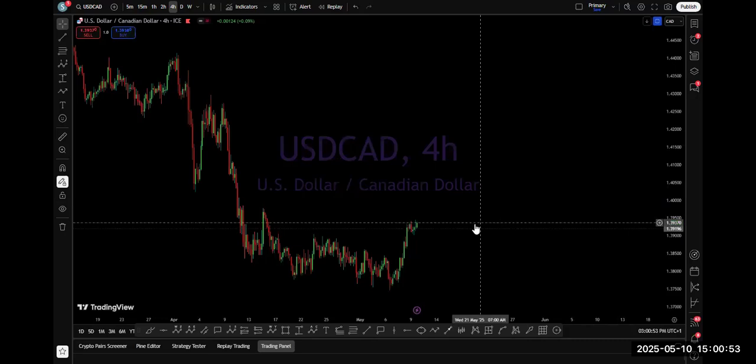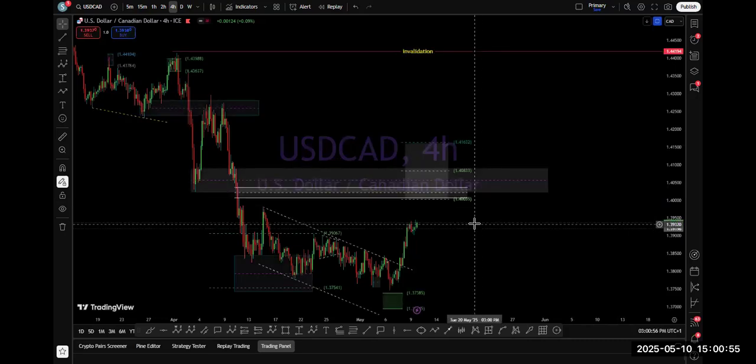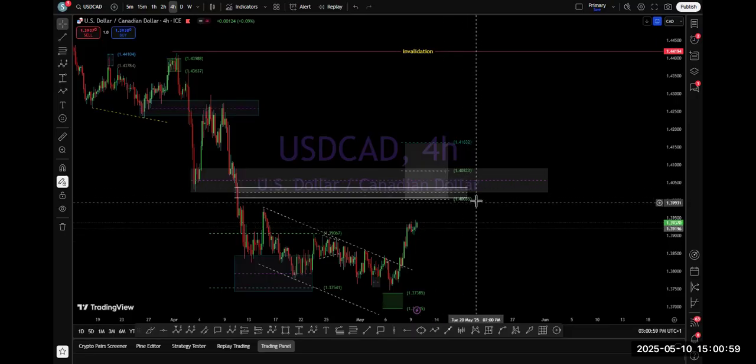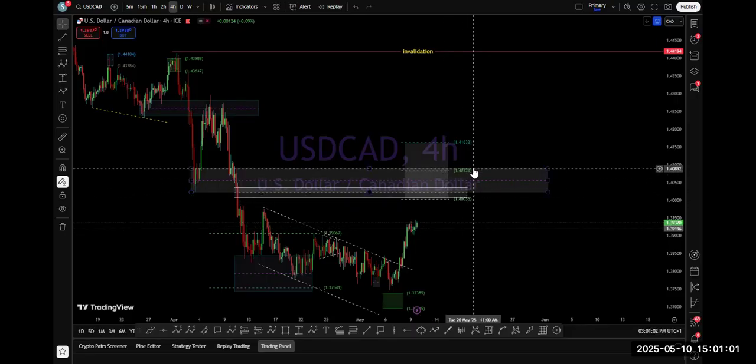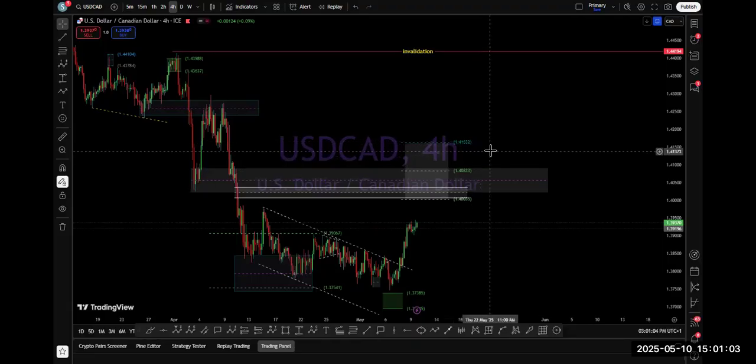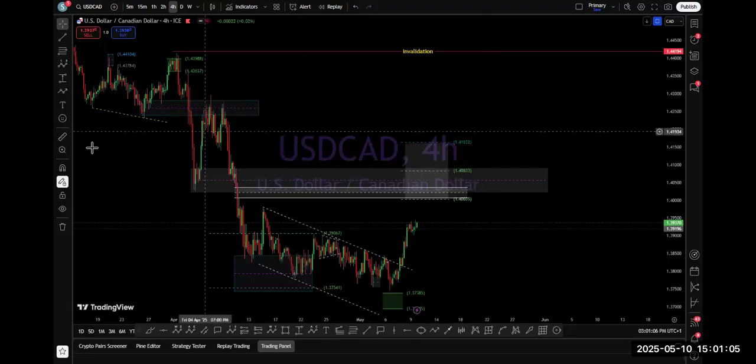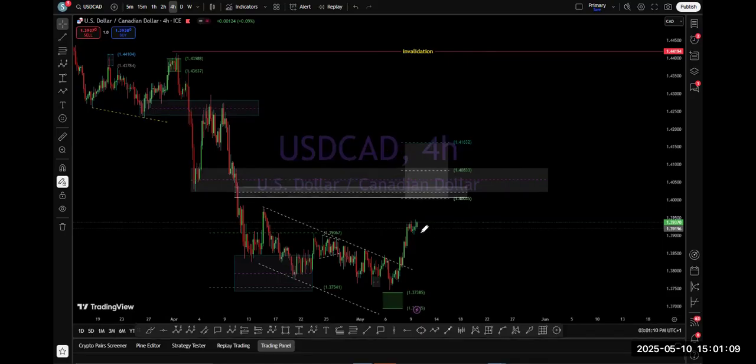USD card. I also expect it to go up to this zone, 1.40, 1.41. Meanwhile, USD card is somehow difficult to predict where it will end. We may get a move like this before going down.